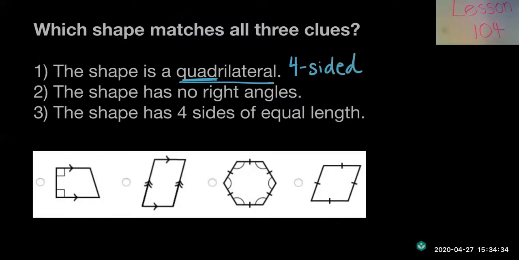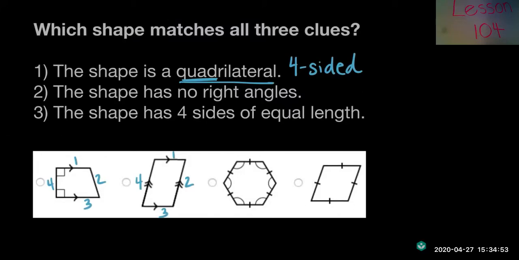So looking down here at our shapes, let's see which ones match that first clue. Shape 1 has 1, 2, 3, 4 sides, so it is a quadrilateral. Shape 2 has 1, 2, 3, 4 sides, so also a quadrilateral.